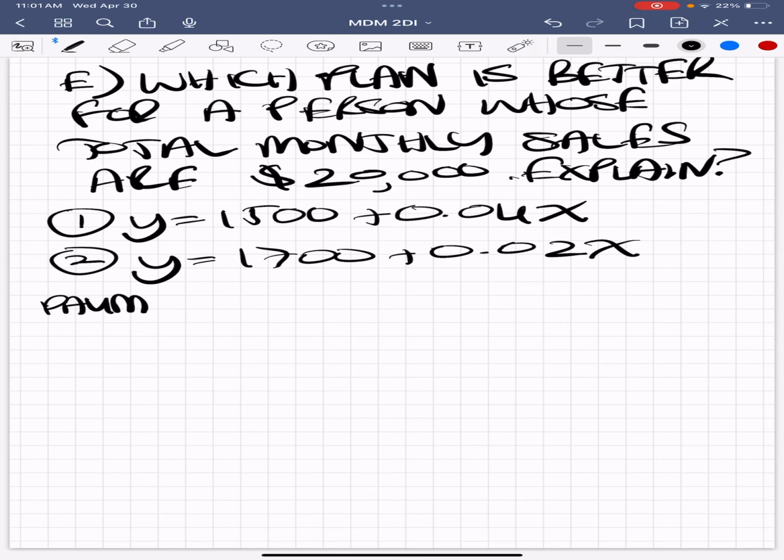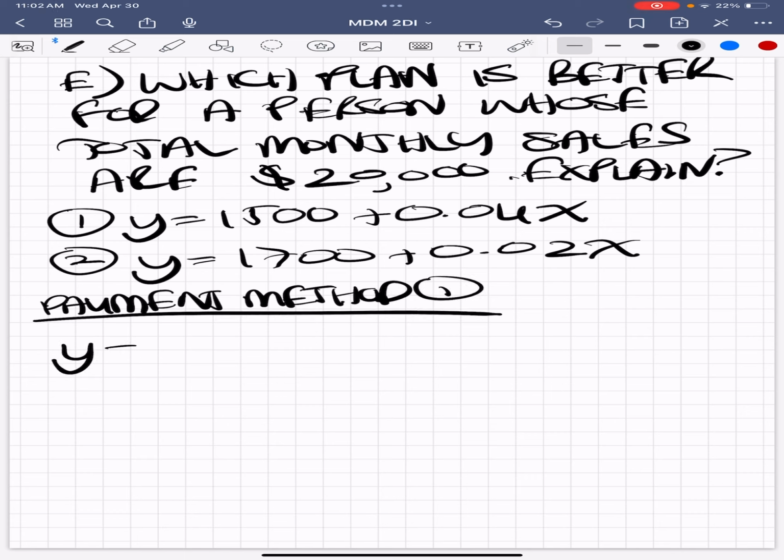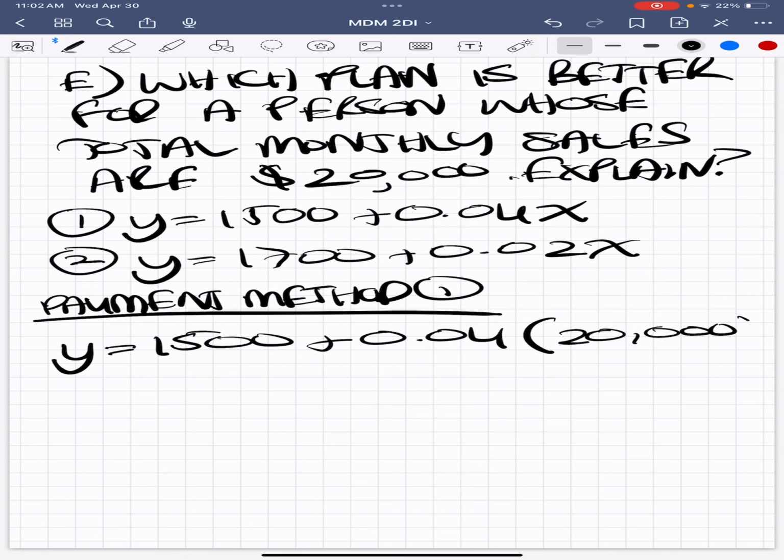Payment method 1: y equals 1,500 plus 0.04 times $20,000, so y equals 2,300.